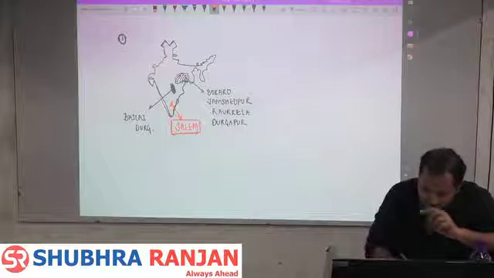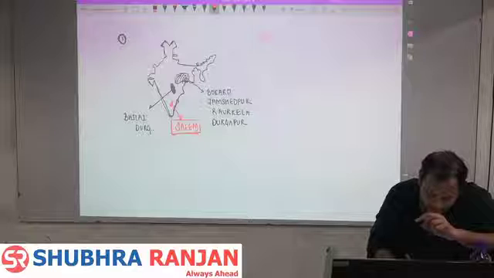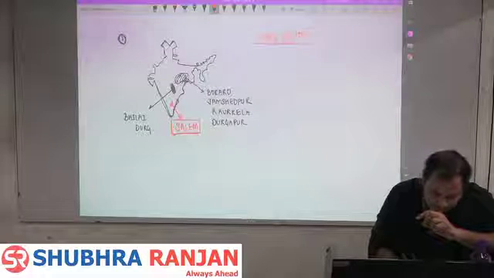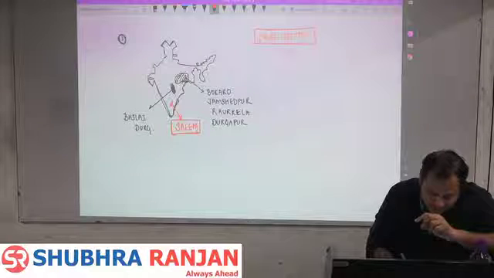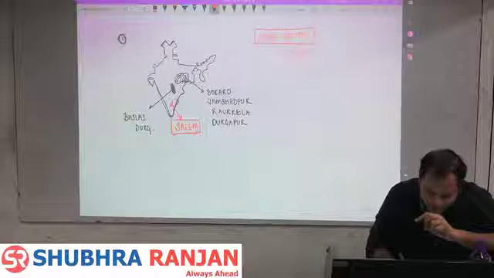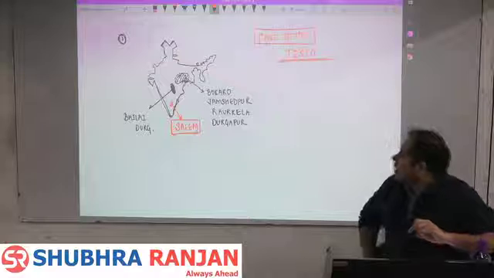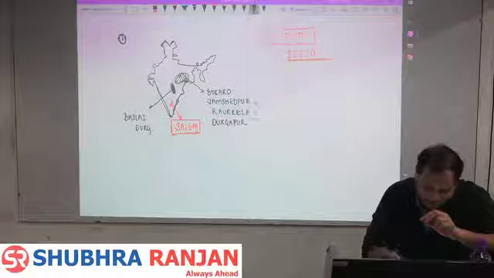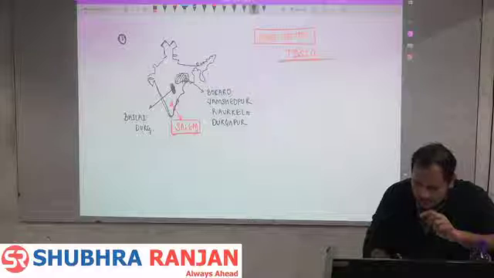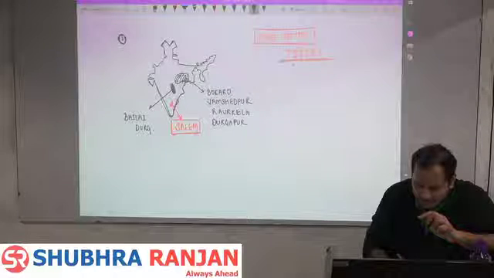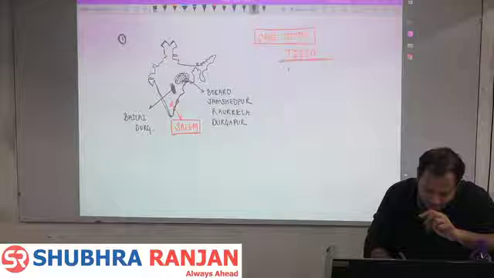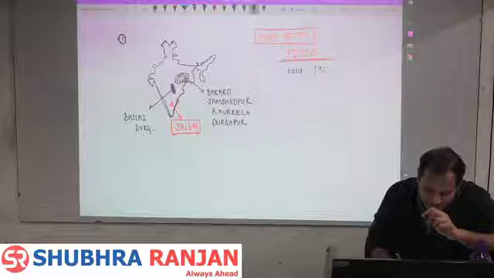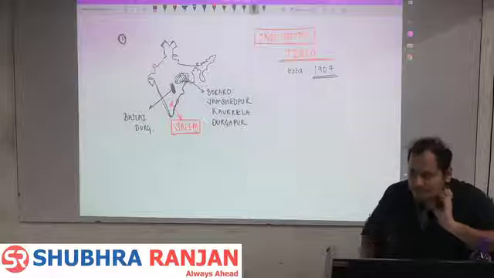What is the name of the company? The case study is TISCO, Tata Iron and Steel Company. Established in 1907.